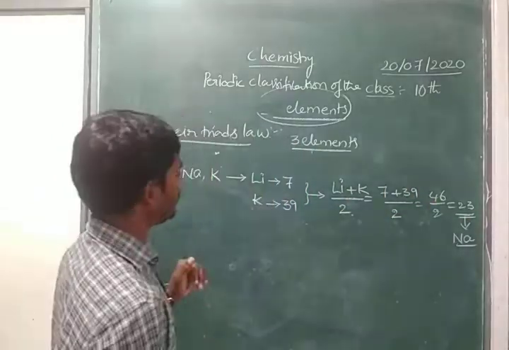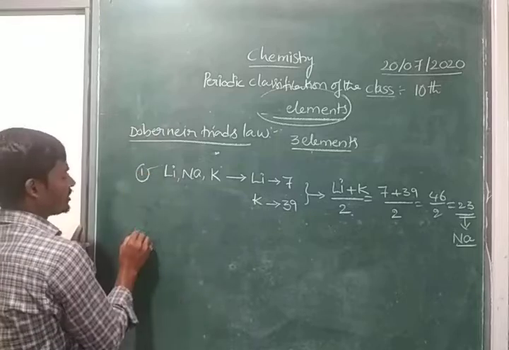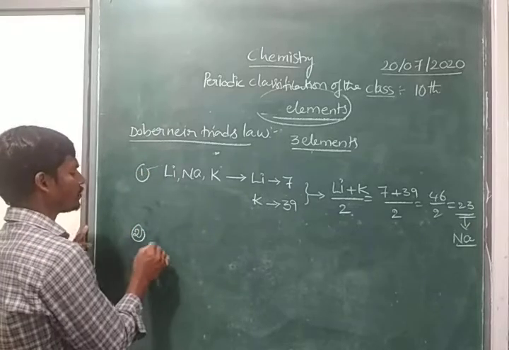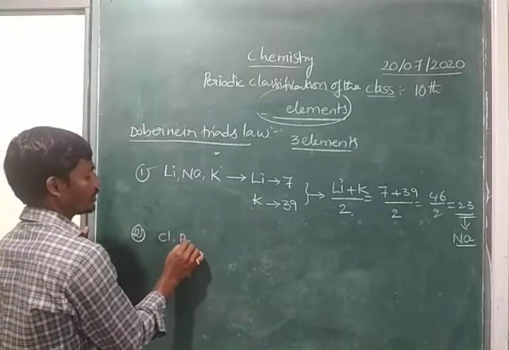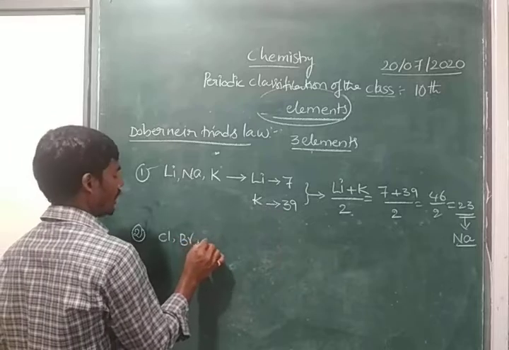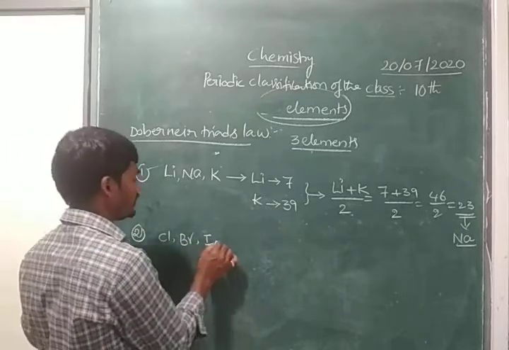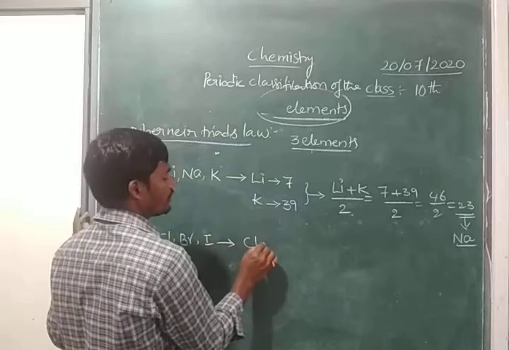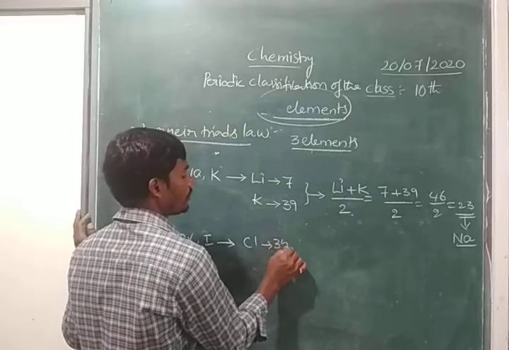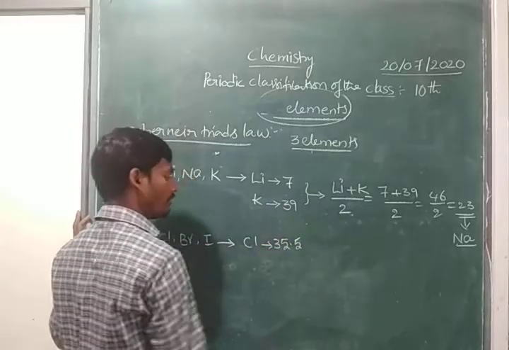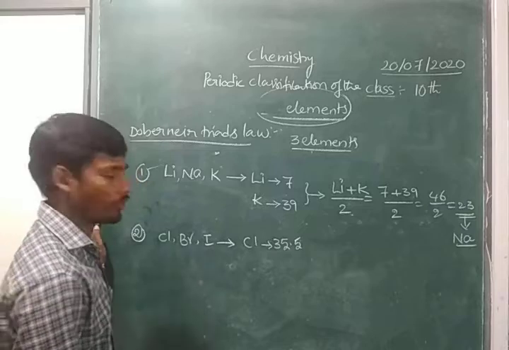Right, children? And suppose we take one more example. Here, suppose we take chlorine, bromine and iodine. That means here the atomic weight of chlorine is 35.5.